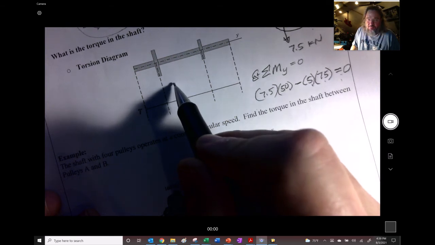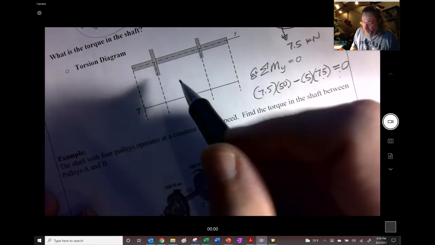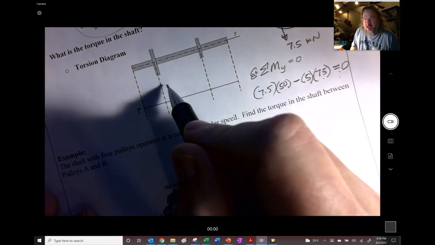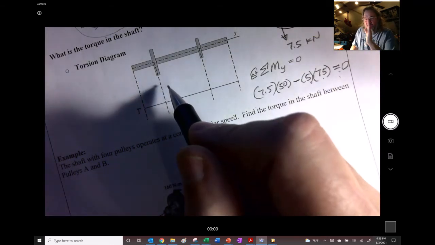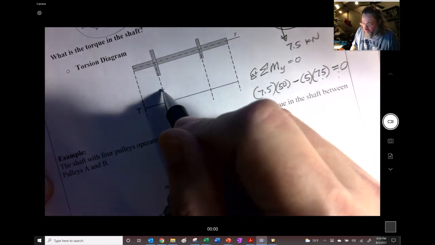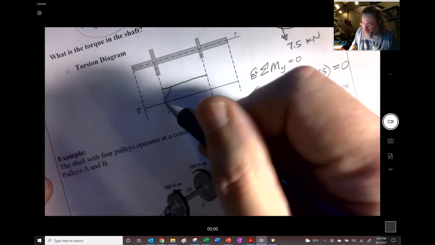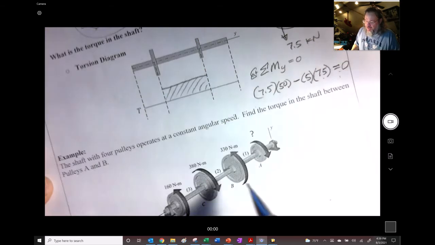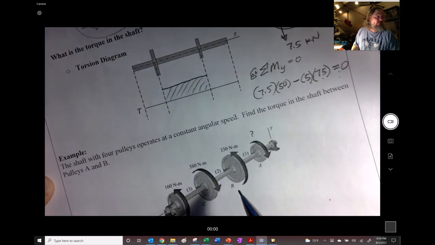I'm trying to decide which is positive here, whether it's clockwise or counterclockwise, and whether you're cutting the shaft in a particular location. I don't know if it's any beneficial, but the idea in terms of the torsional diagram is that you would have something along those lines.